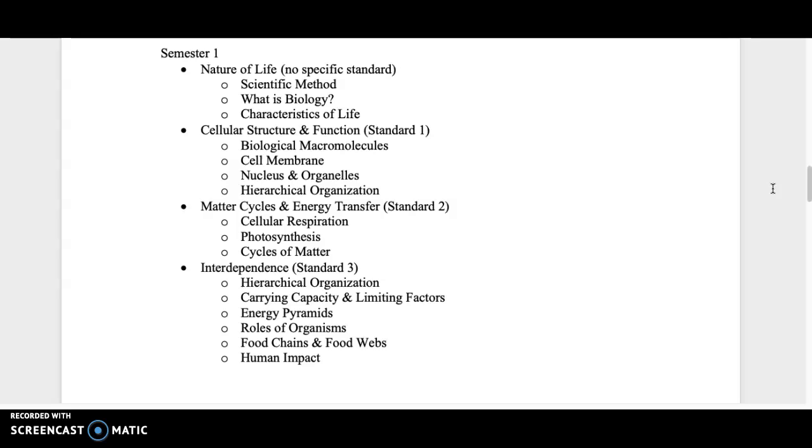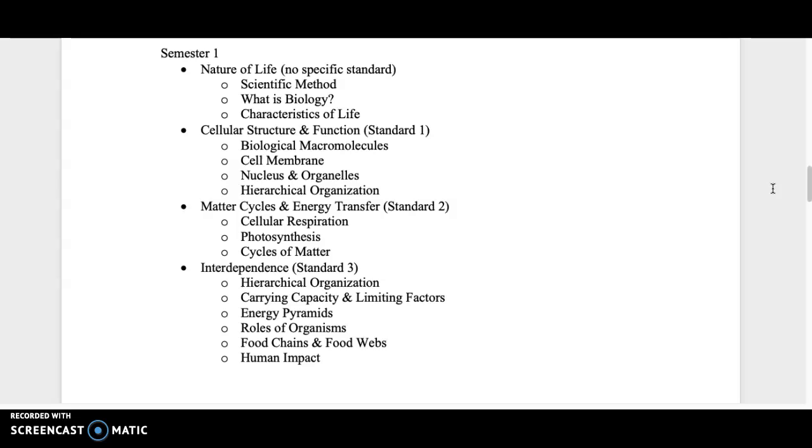As you can see how I will break these up, we'll first in standard 1 talk about what are called biological macromolecules. We will then get into the structure of the cell with the cell membrane, the nucleus, and its organelles. And then finally we will talk about hierarchical organization.